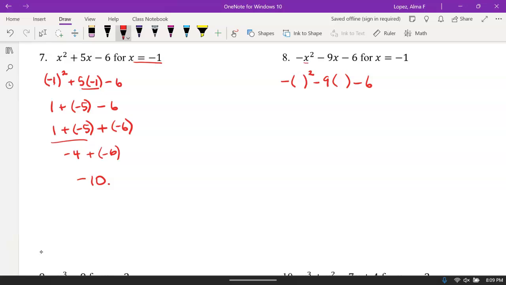Same thing. Only in this one, only the x is being squared. The negative is after the fact. So now we'll plug in. Put a negative 1 in for each of the x's, and we can clean it up. Now, I already know what negative 1 squared is. We did it on the last example. So this part is 1, and this negative is after the fact.